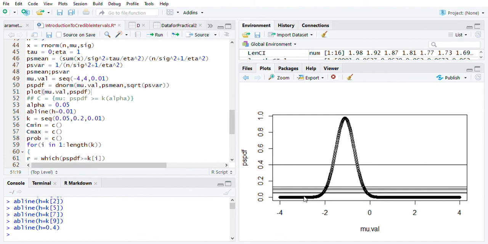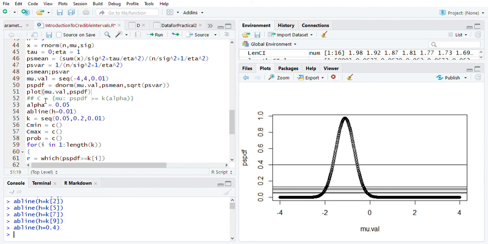The first condition is that the length of the interval should be small, and the second condition is that the coverage probability should be at least as large as 0.95, the required confidence coefficient. And then the third condition is automatically satisfied because of the way it is constructed. The third condition is that the interval should contain the posterior mode. Why is this automatically fulfilled?